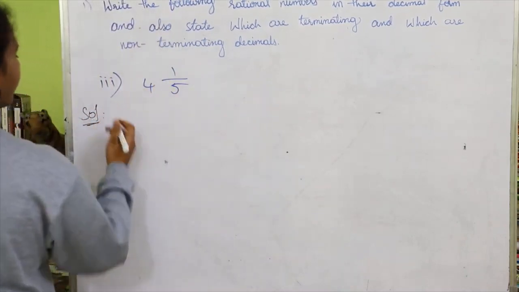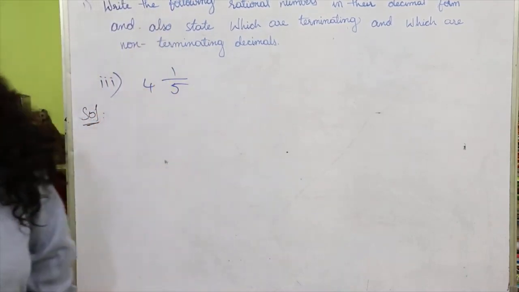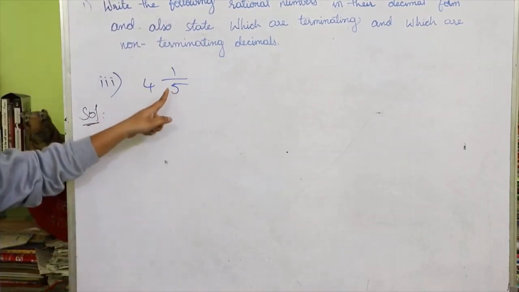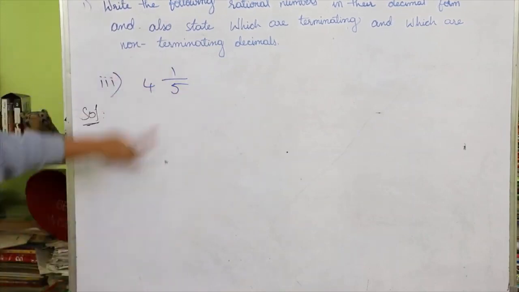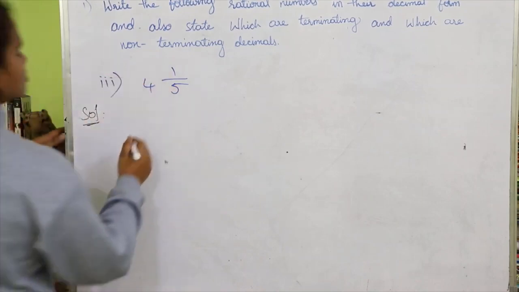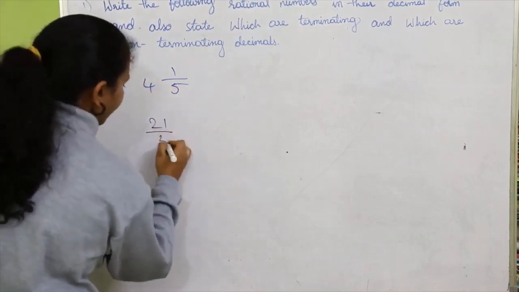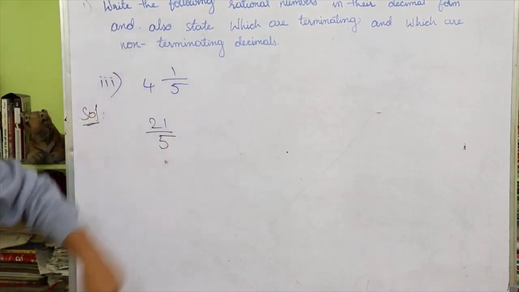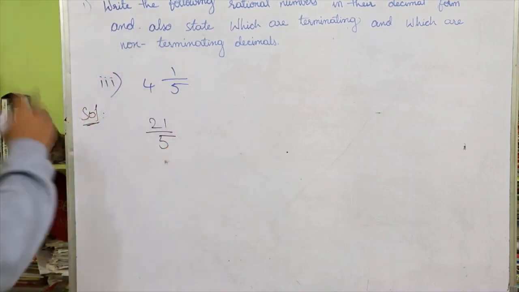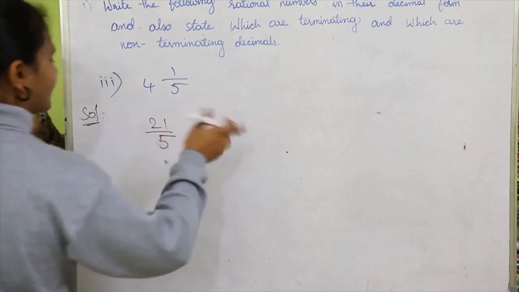Now make it a proper fraction, where 4 into 5 plus 1, 4 5s are 20, 20 plus 1 is 21, so therefore we got 21 by 5. Okay, clear till here? Now 5 becomes the divisor and 21 becomes the dividend.